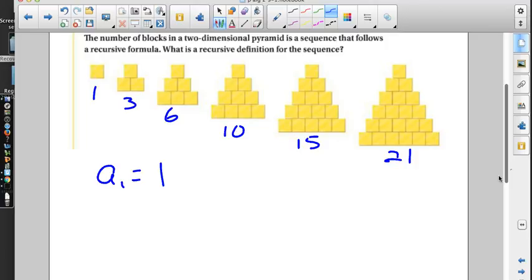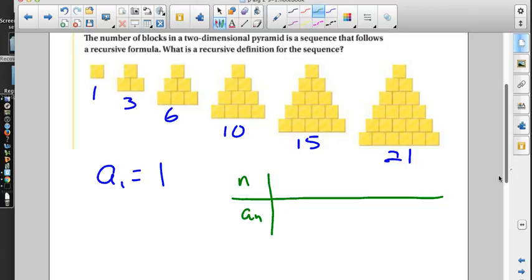And now what we want to do is figure out a way to tell them how to get to the next ones. Well, remember, I said this can be really tough, but if we put this into a table, sometimes it makes a lot more sense, and it's easy to figure out what it is we need to do. So our table consists of which number term are we talking about?